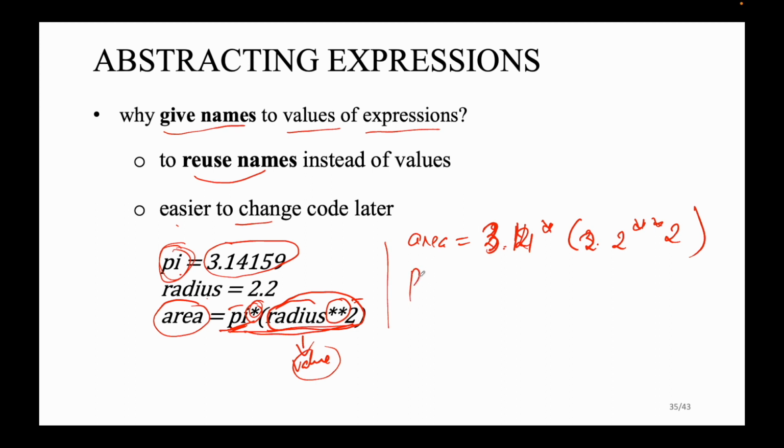And besides area, you need to calculate perimeter. How can we calculate the perimeter? Number 2 multiply 2.2, and multiply 3.14159. You see that? It's very long.